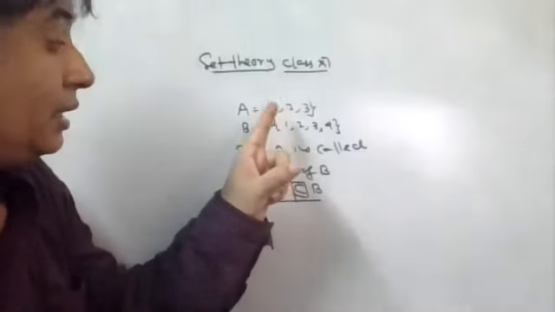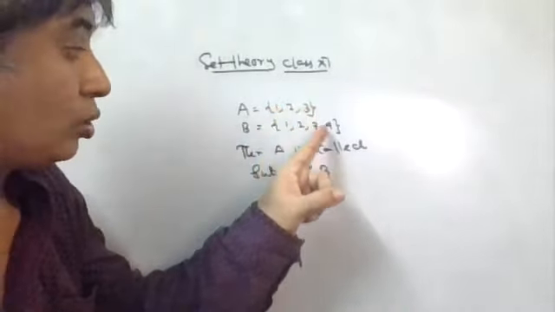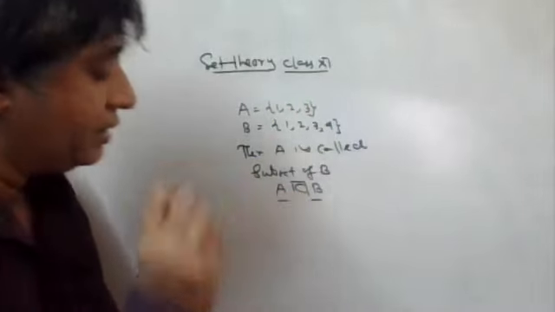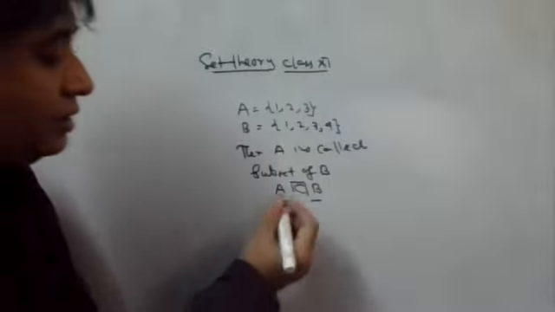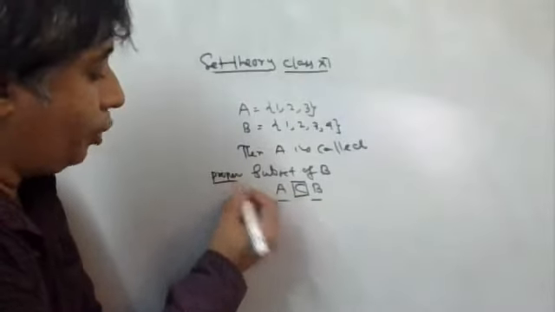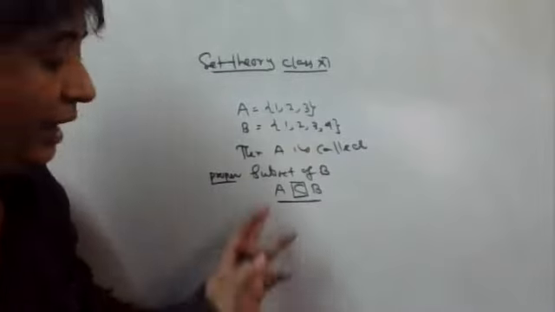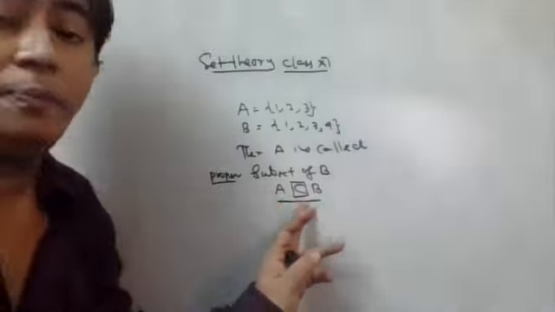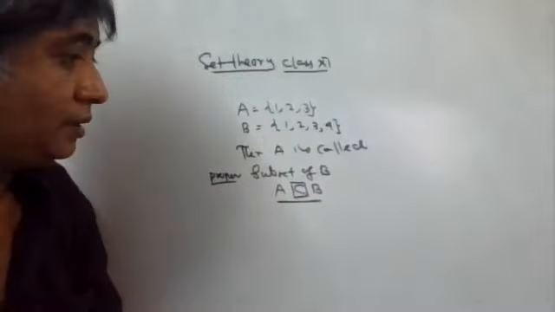But here there is no question of equality, so I can remove this equality sign. Then it is called a proper subset. A is a proper subset of B.